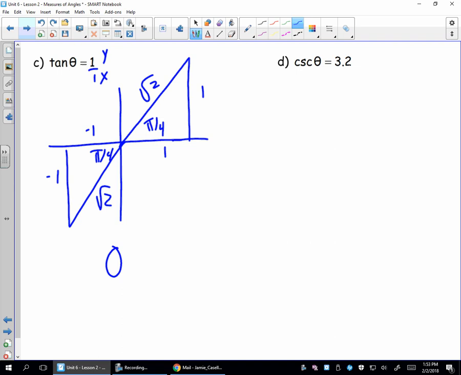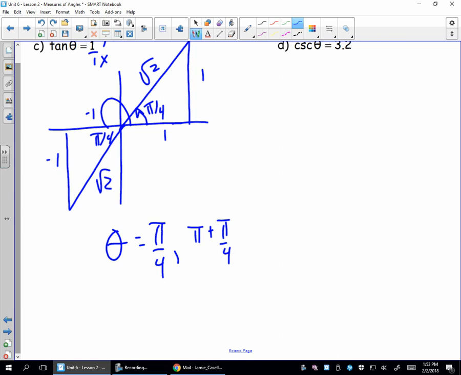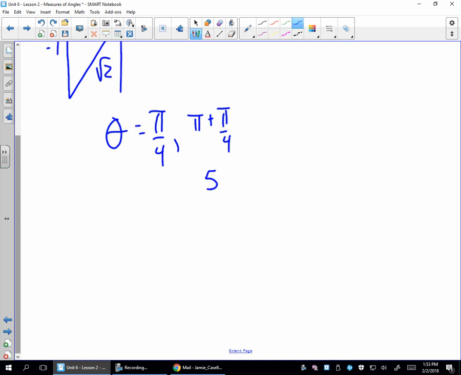So my answers are pi over 4, the first quadrant one, that's this one. And the next one I've gone past pi by another pi over 4. If I think about what's 1 plus a quarter, that's 5 pi over 4. That's that one.